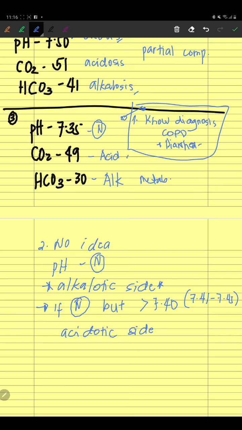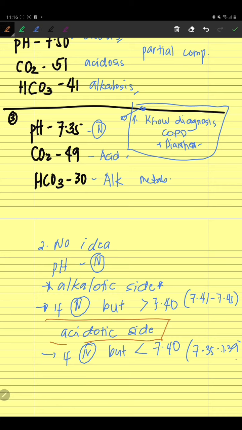If the level of your pH, on the other hand, is also within the normal range but is less than 7.40, or yung range niya is 7.35 to 7.39, that is in its acidotic side.